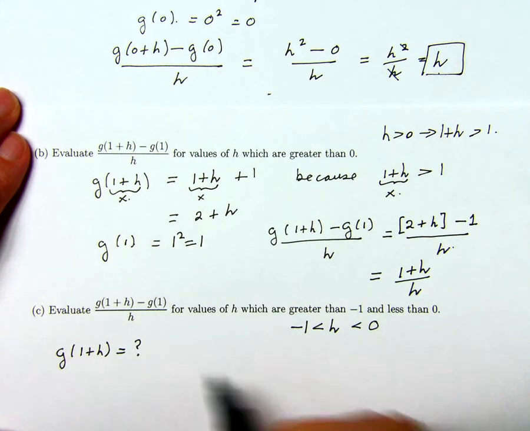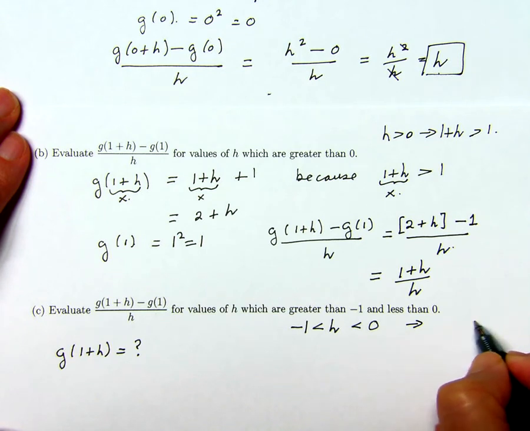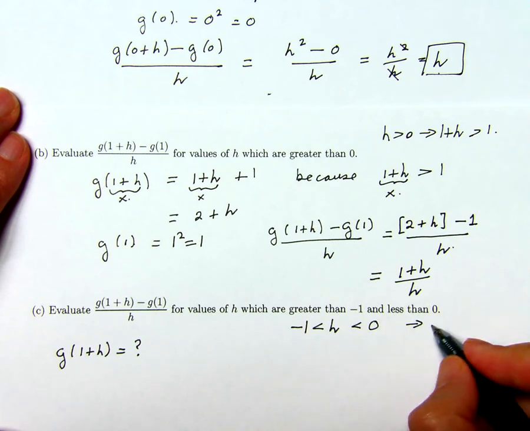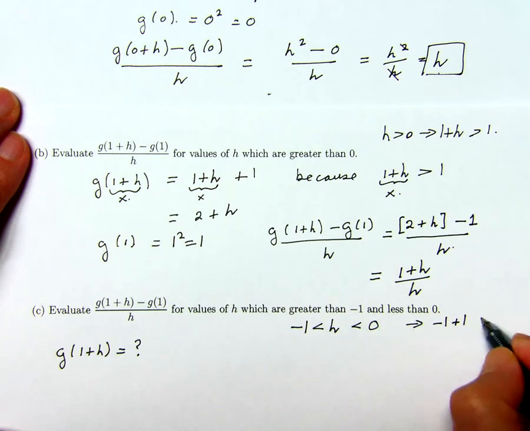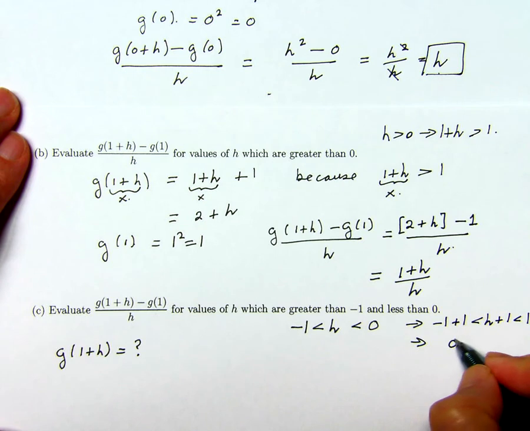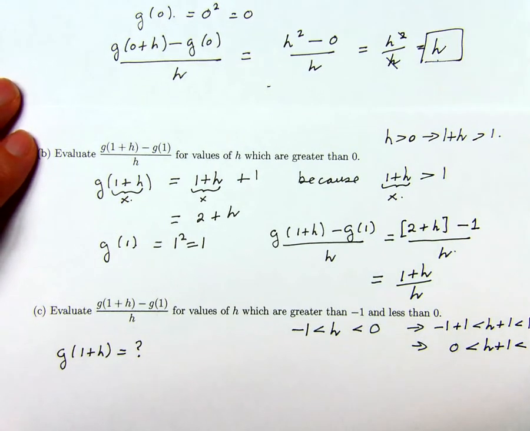Well, where is 1 plus h? If h is greater than -1 and less than 0, then I can add 1 to all 3 parts of this double inequality by the laws of inequalities. And I get h plus 1 is between 0 and 1. So h plus 1 is in the middle category here.